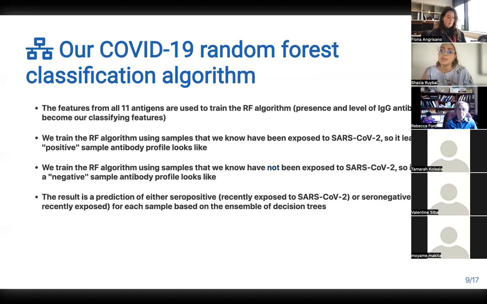And then the result, as I alluded to before, is a prediction of either seropositive or seronegative, with positive meaning that person was recently exposed to SARS-CoV-2 and negative meaning not recently exposed. And this prediction is the result of all of those thousands of decision trees, so the ensemble of decision trees.